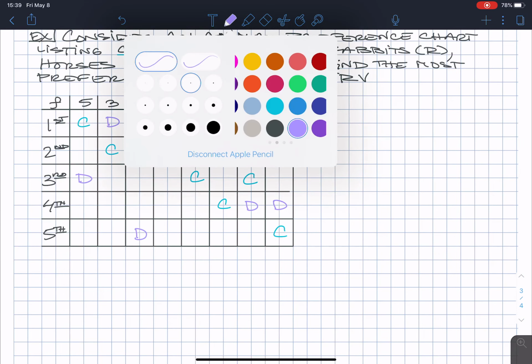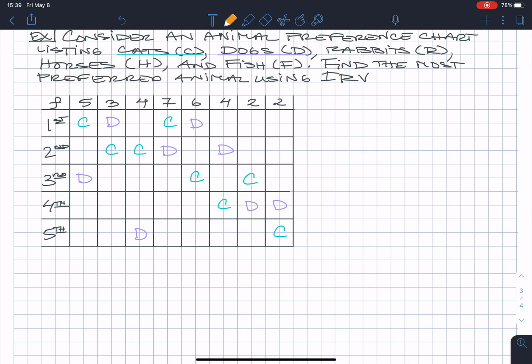Okay, we'll do rabbits in orange because that's what we are used to. The first column has rabbits 2nd, then rabbits 4th, then rabbits 1st. Oh, what just happened? I hope nothing bad just happened. Then rabbits 3rd, then rabbits 4th, then rabbits 3rd, then rabbits 1st, then rabbits 2nd.